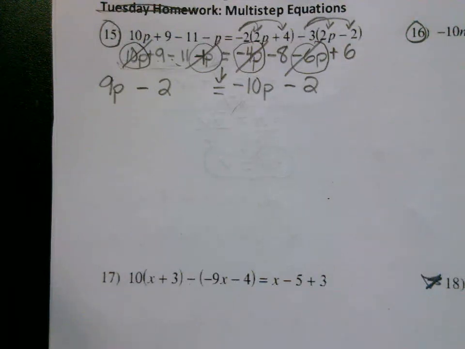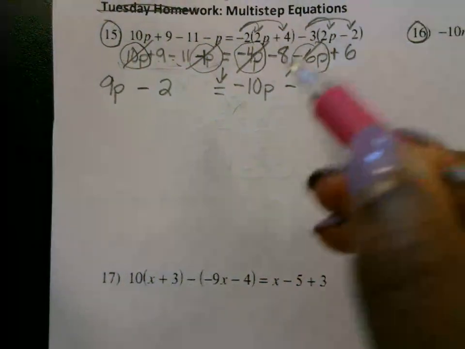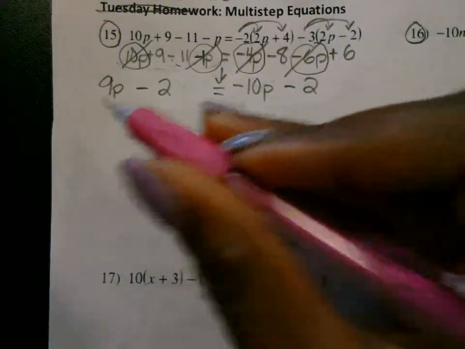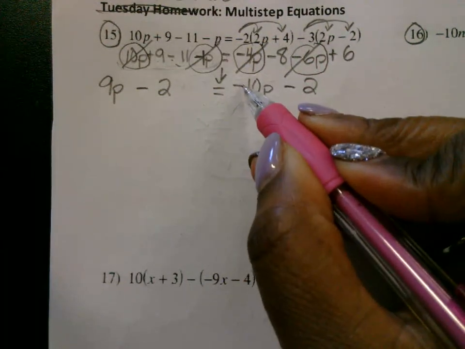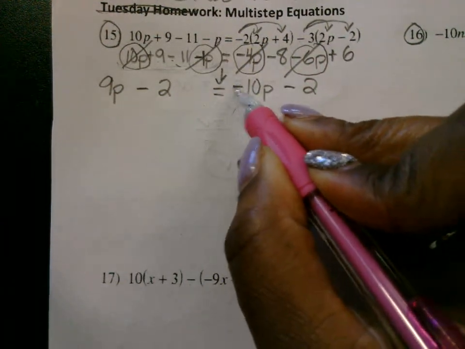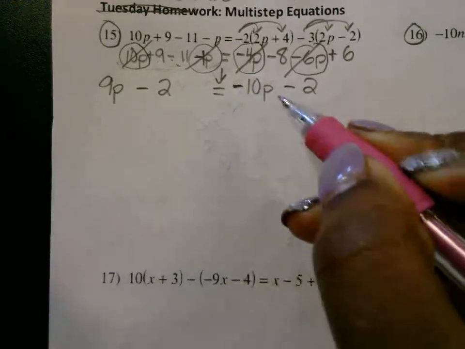Okay. Now we're going to move the variables to the same side. I'm going to move the smallest one. Negative 10p is smaller than the positive 9p. What's the opposite or the inverse of subtracting, or a negative 10?